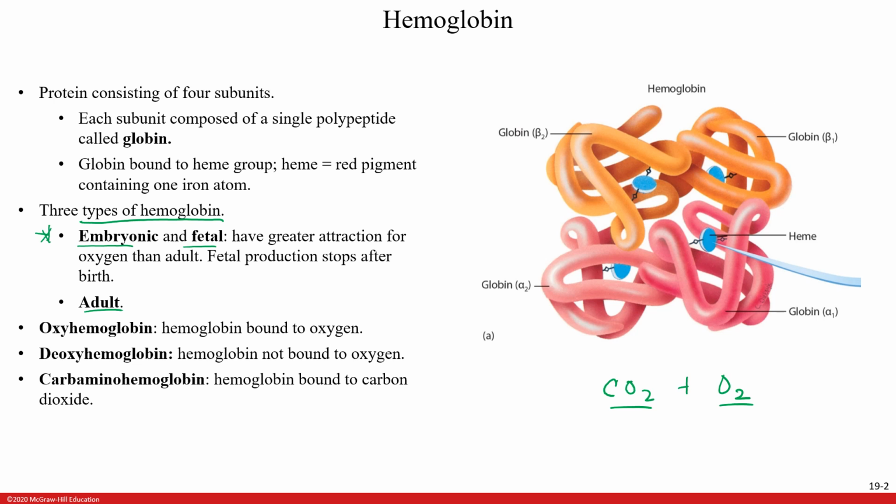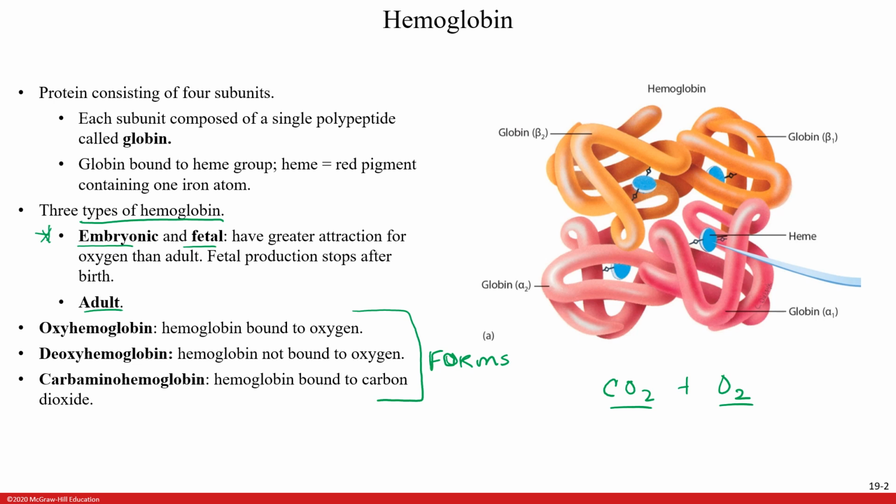Now, I had this question come in earlier about the 3 different forms that hemoglobin can take. And I call them forms of hemoglobin because a single hemoglobin molecule will take on all 3 of these forms throughout its life. It depends on what the hemoglobin molecule is carrying.